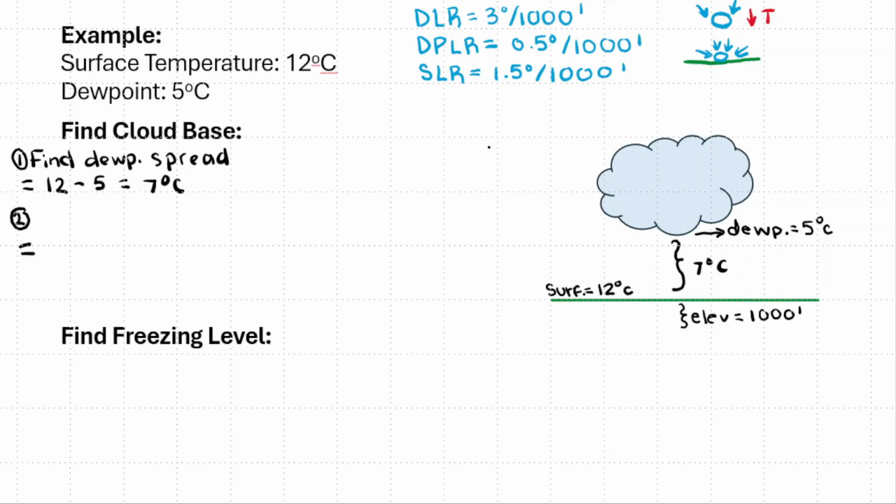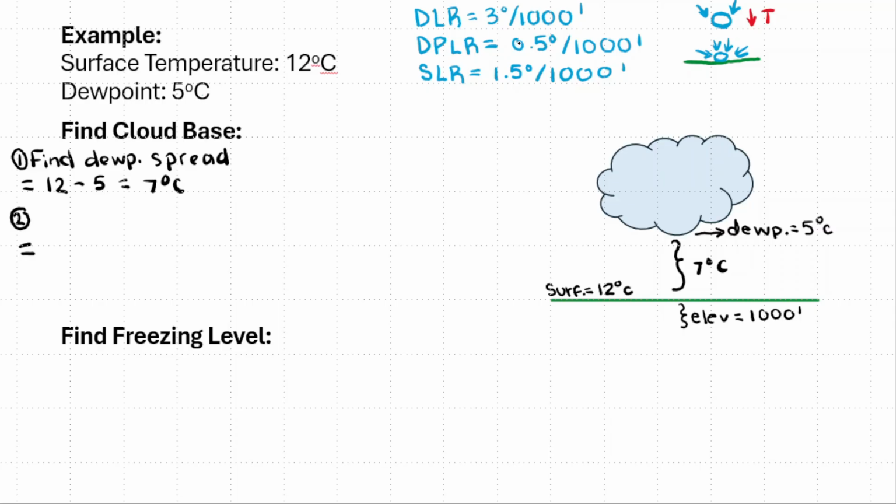So to find our cloud base, we know that this air over here is going to be using the dry lapse rate, correct? However, there's a lapse rate we're not taking into account here if we only used the 3 degrees per 1,000 feet. And that's the temperature at which the dew point cools adiabatically, which is 0.5 degrees. So realistically, if you wanted to calculate the cloud base, it would be better to use the difference between these two lapse rates right here, between the dry adiabatic lapse rate and the dew point adiabatic lapse rate.